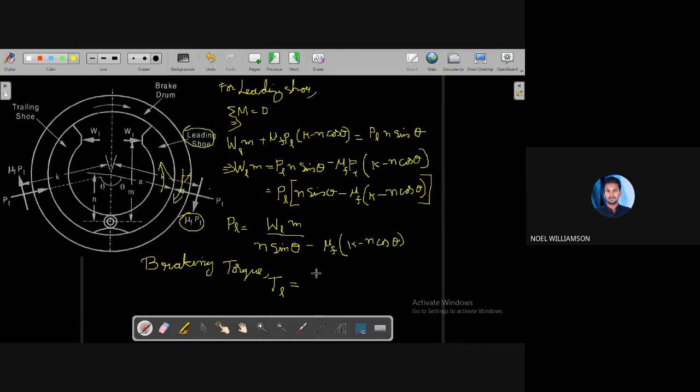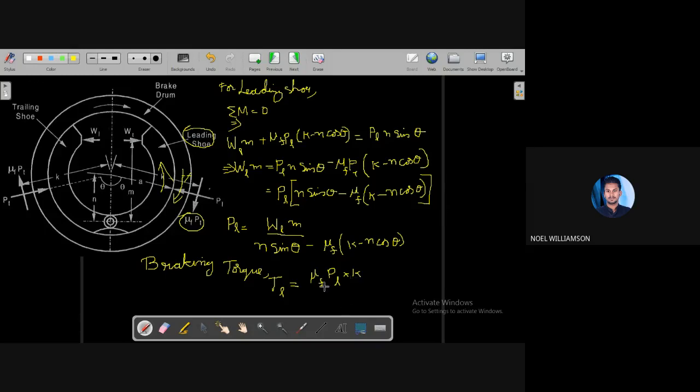So it is mu f into PL, that is the frictional force, into the effective radius k.